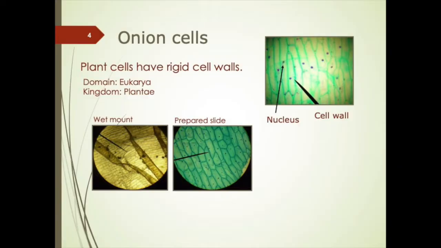Okay, we have some onion cells. Here we have a wet mount on there. It's a little bit different colored because that's a skin, so you're going to see more greenish color. And then the prepared slide, that's going to be stained. So you can see the nucleus on there, those little dots. You can see on here the labeling, so the nucleus and the cell walls.